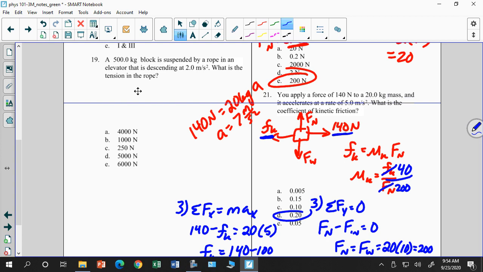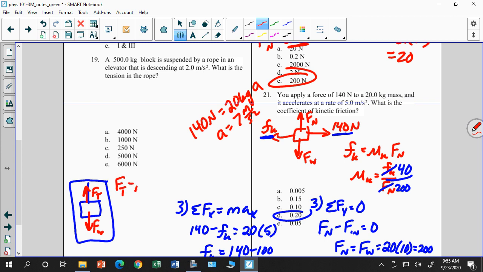But we've done this problem where I have an object hanging in an elevator like that. If I say the sum of the forces in the y, I have Ft, that's the tension, Fw. The sum of those is Ft minus Fw equals ma. And because a is negative, that means that the tension is going to be less than the weight. Yeah, Jenna, right?